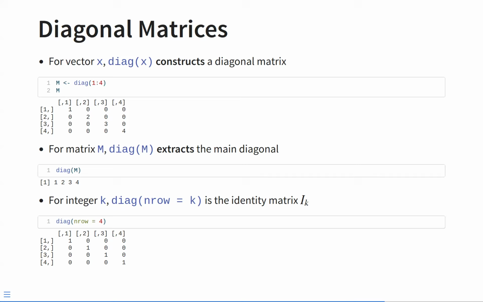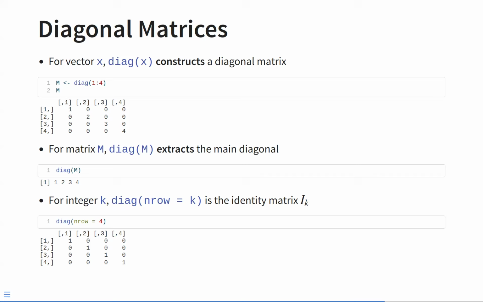But diag can also be used to do the opposite. So if you have a matrix, diag extracts the main diagonal. Now that I've created this matrix M using my first use of the diag command, I can apply diag again, and now I'm going to pull out the diagonal elements of the matrix, basically bringing me right back to where I started.